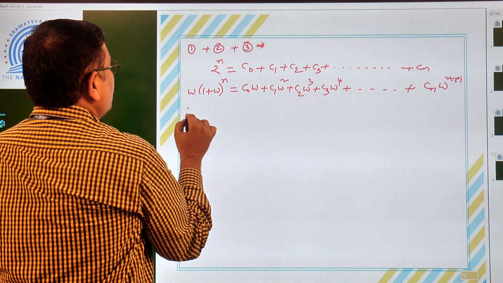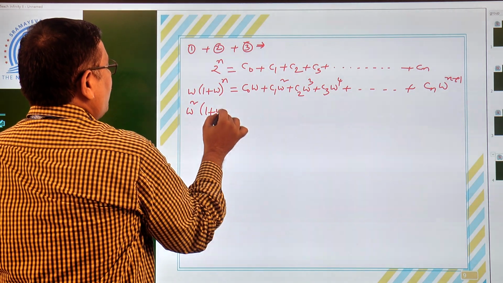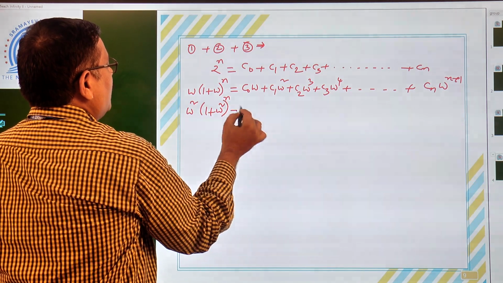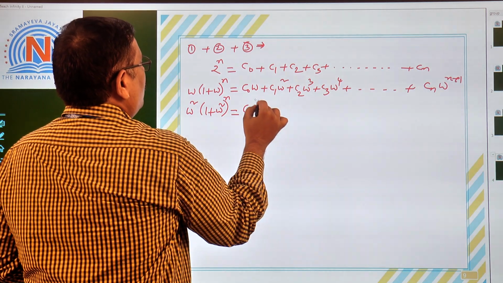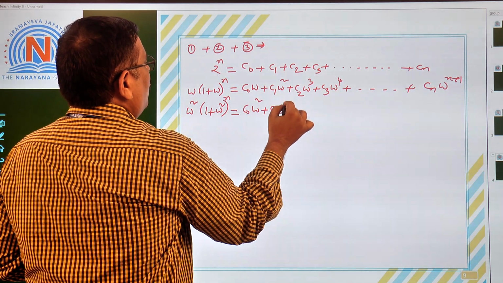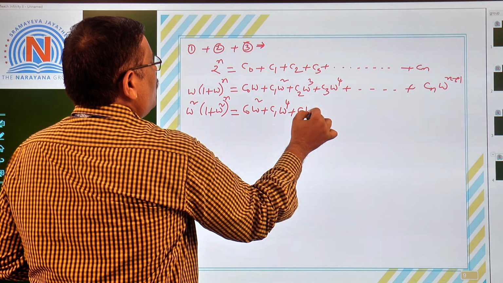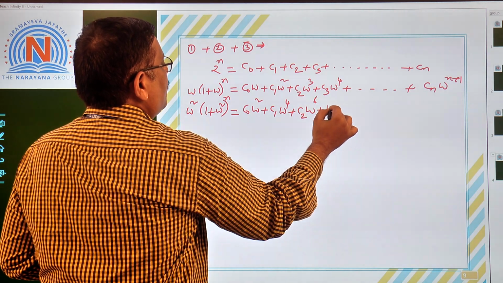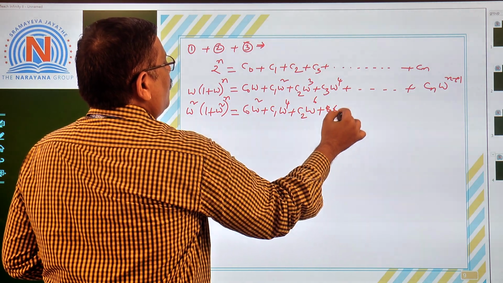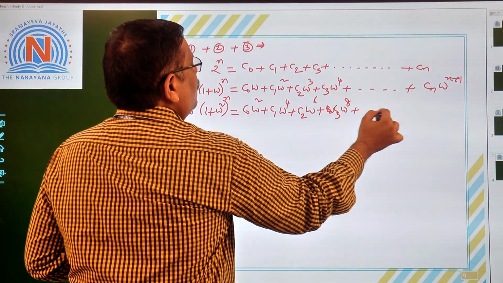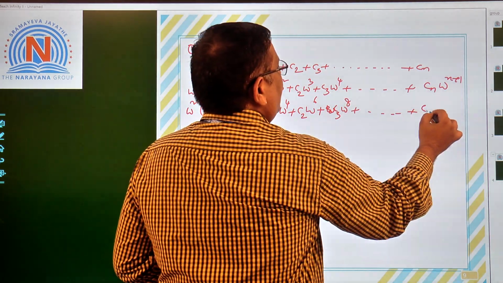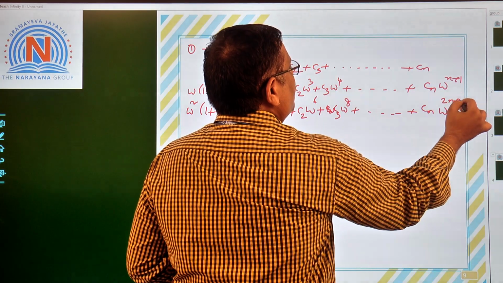The third condition is omega square times of 1 plus omega square whole power n, that is equal to c0 omega square plus c1 omega power 4 plus c2 omega power 6 plus c3 omega power 8 plus so on plus cn omega power 2n plus 2.